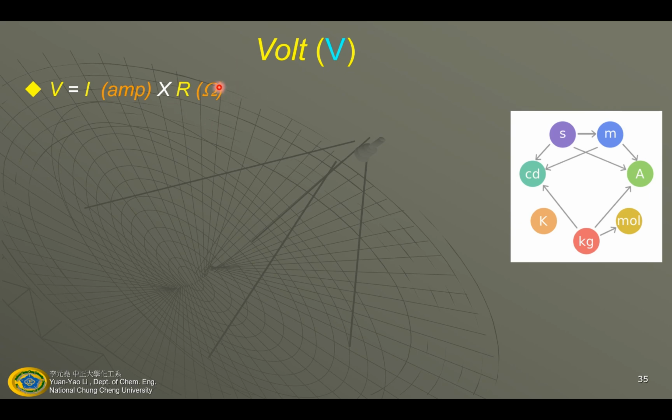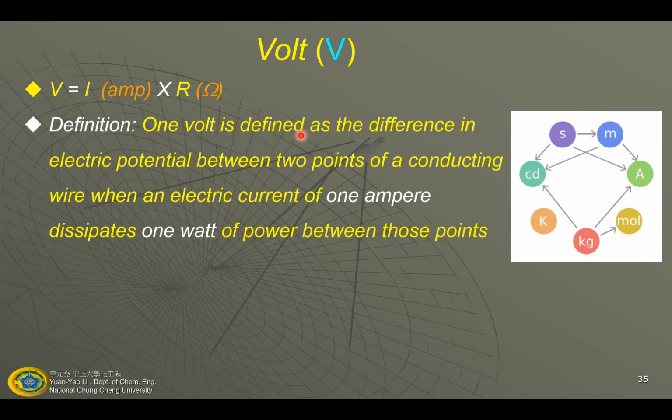But ohm is not a base unit. So you cannot write amp times ohm as the unit of the volt. So what's the definition of the volt? 1 volt is defined as the difference in electrical potential between 2 points of a conducting wire when an electrical current of 1 amp dissipates 1 watt of power between those points.